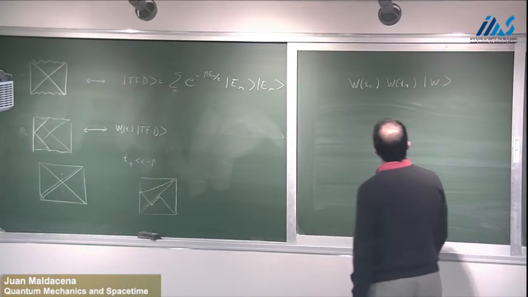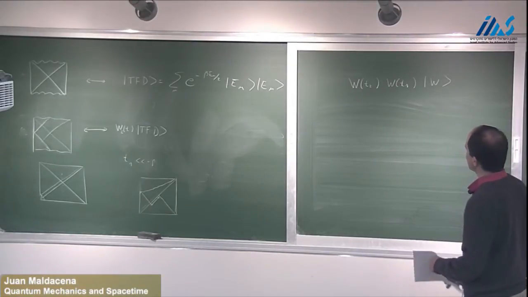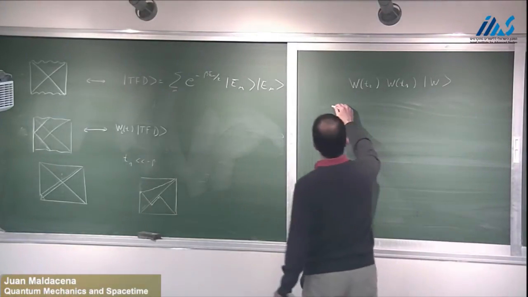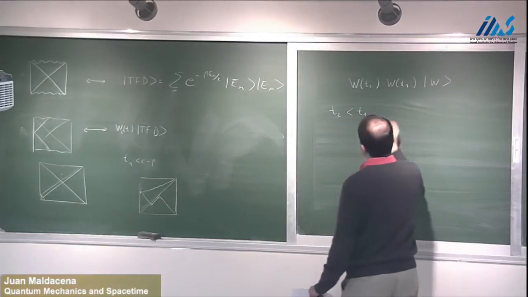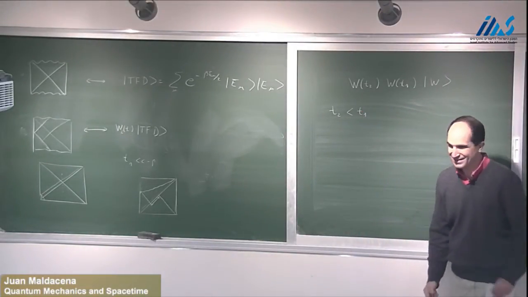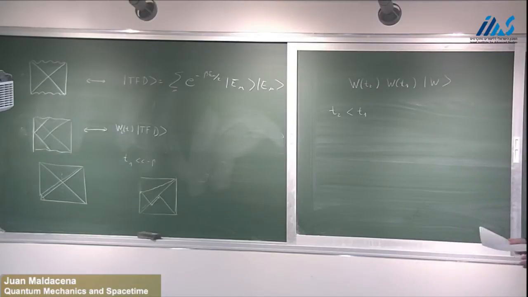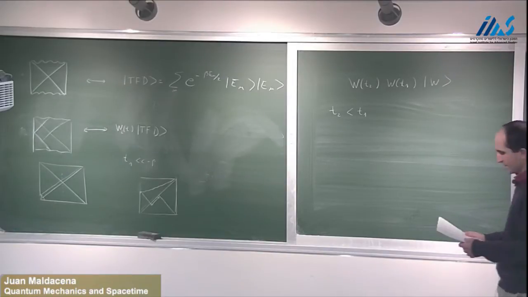The interesting case to consider is where t2 is actually less than t1. So this is a situation where we have some out-of-time-order operators. We can consider whatever operator we want in the field theory; we just happen to want to consider this particular operator.